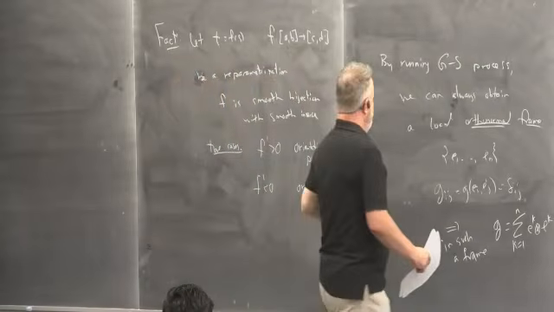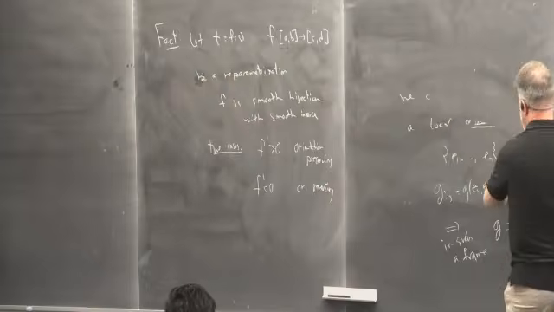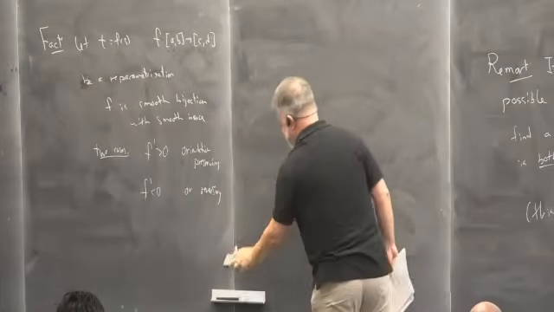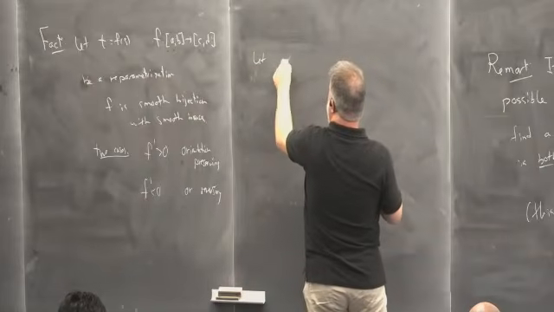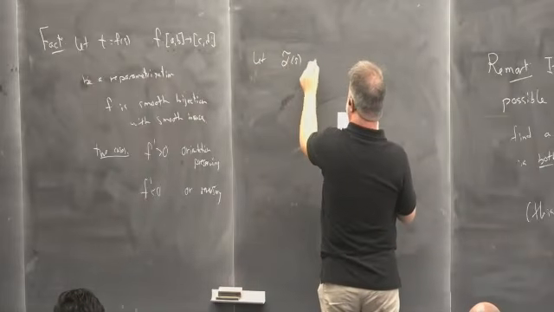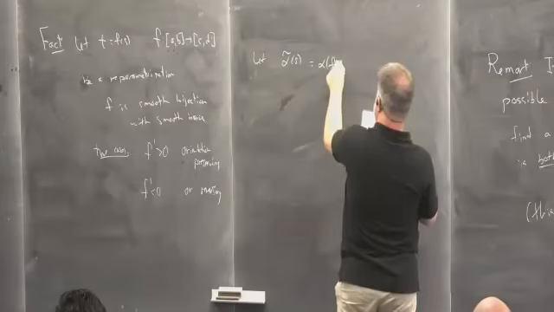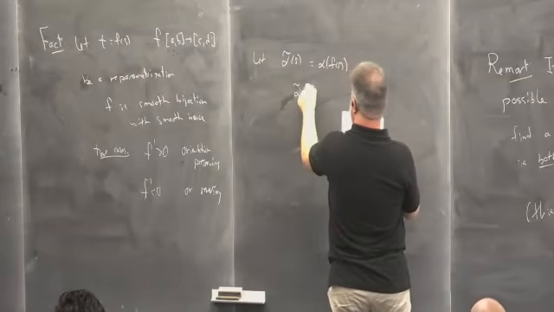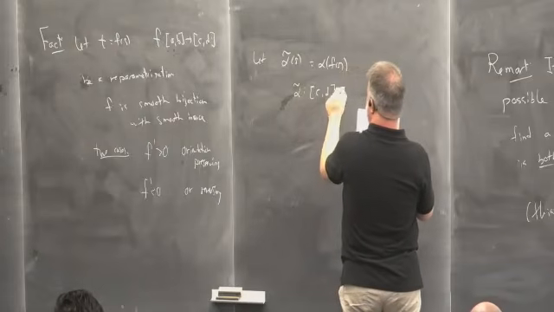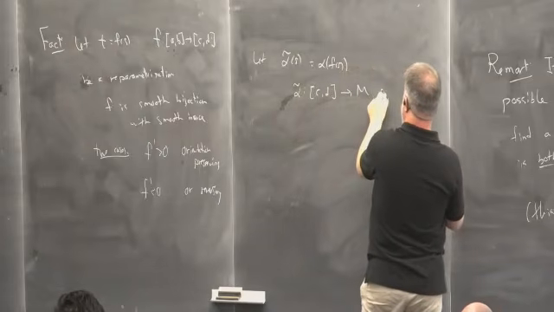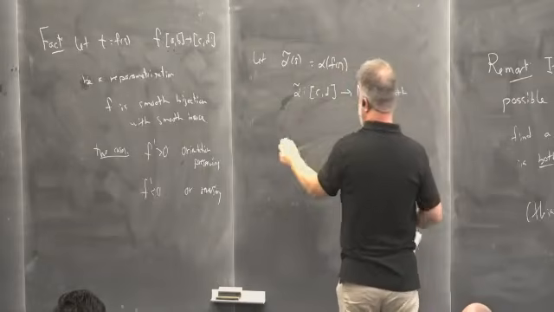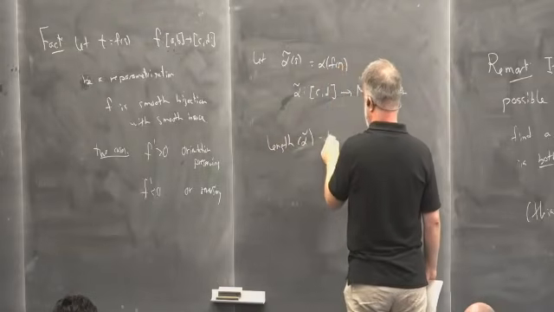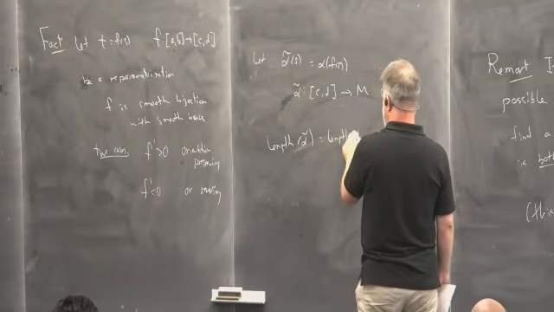Okay, so suppose we have such a reparametrization, then the point is that the length is independent. So let alpha tilde of s be alpha of f of s. Okay, so alpha tilde is a smooth curve from [c,d] to M. And the length of alpha tilde is equal to the length of alpha.